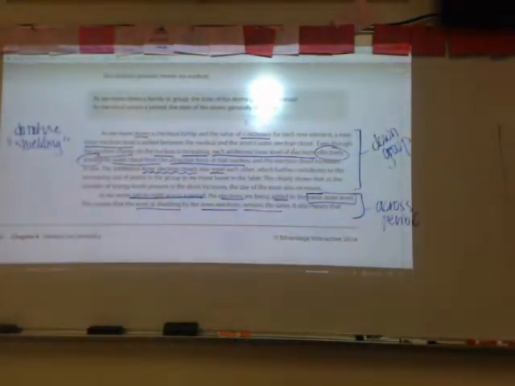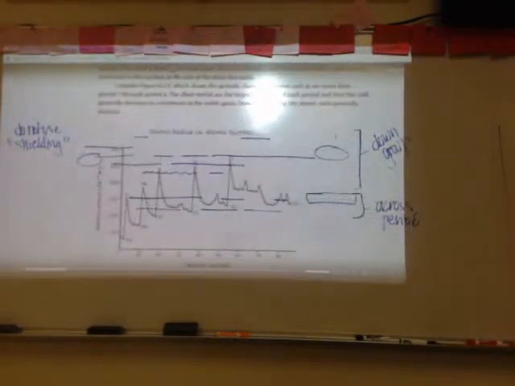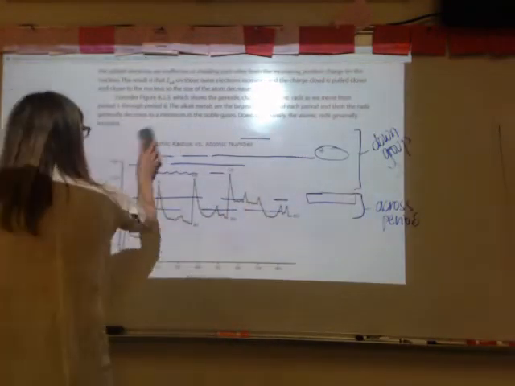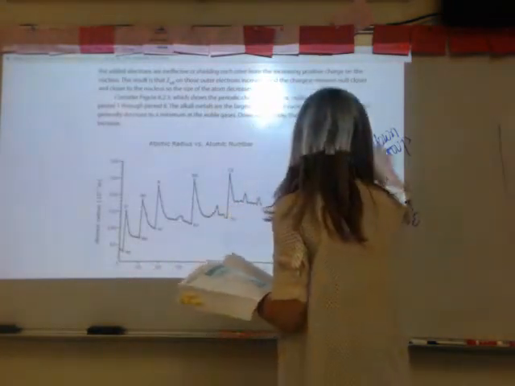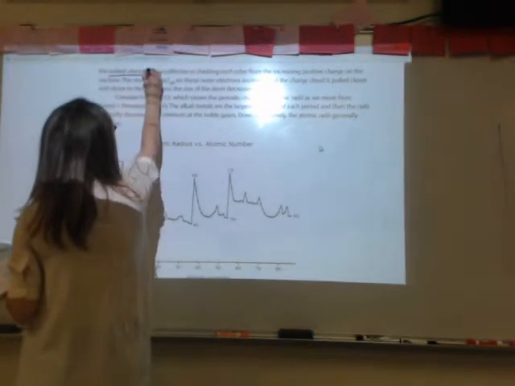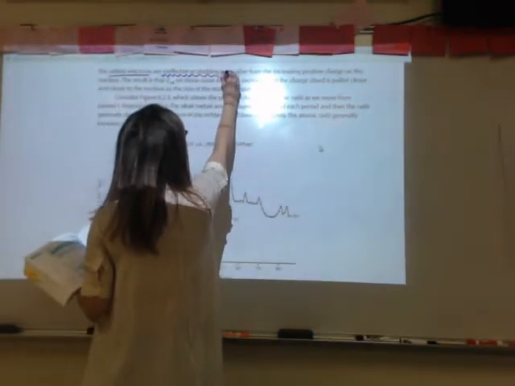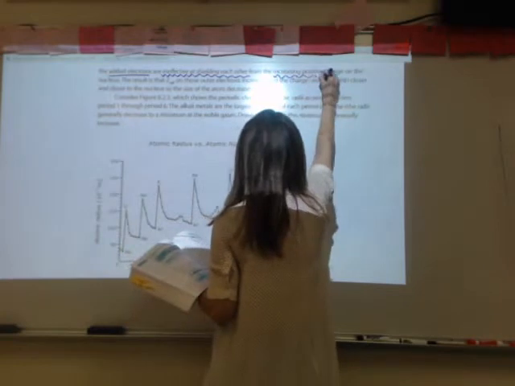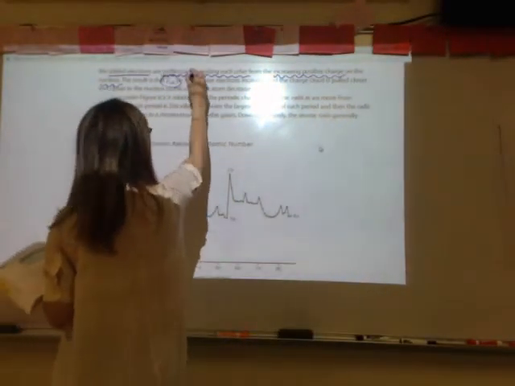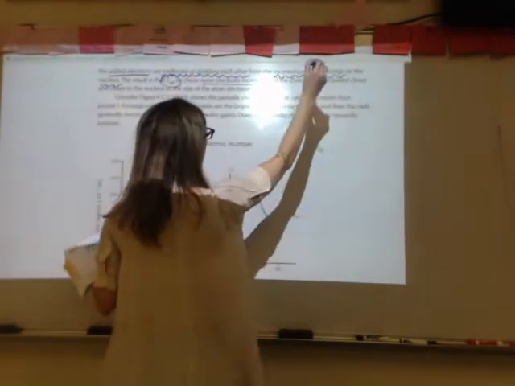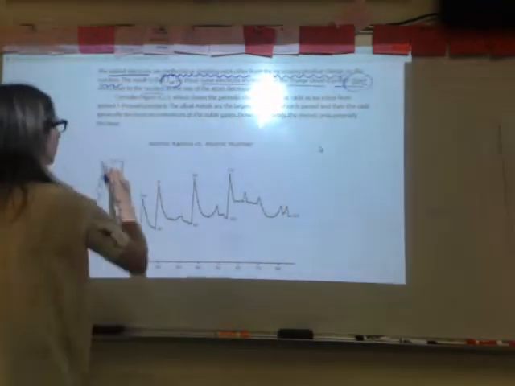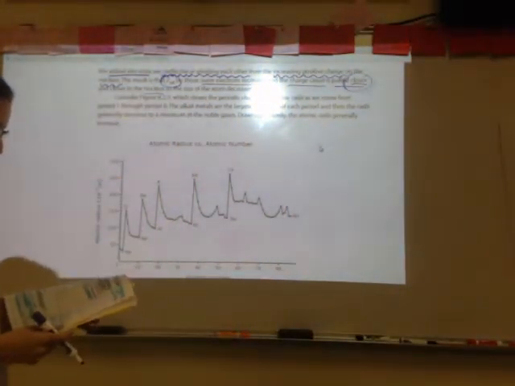And if you go to the next page, the added electrons are ineffective at shielding each other from the increasing positive charge on the nucleus. So the effective nuclear charge on the outer electrons increases, and the charge cloud is pulled closer to the nucleus, and that's why the size of your atom decreases.